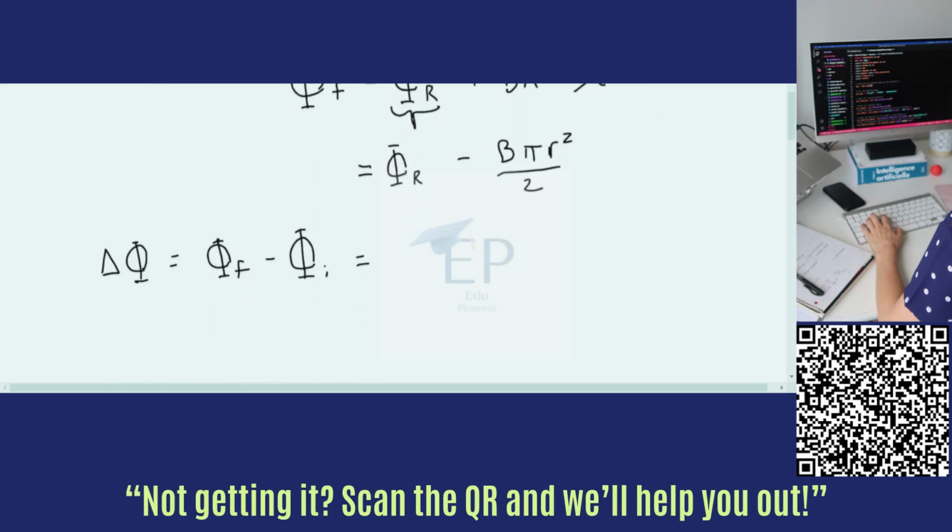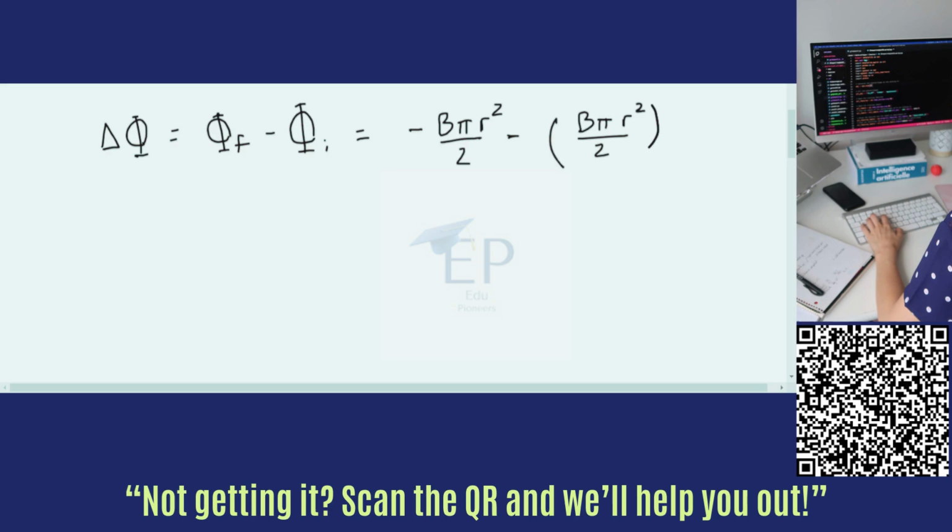And then from the final contribution, we'll have a minus B pi r squared over 2 minus the exact same thing except positive. So B pi r squared over 2. Or since those are the exact same term there, we'll just have 2 times that. So we'll have 2 times B pi r squared over 2, which is just minus B pi r squared.